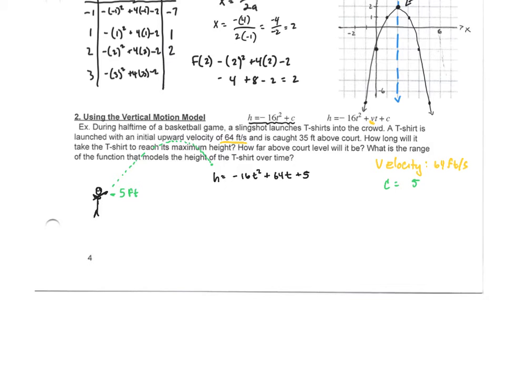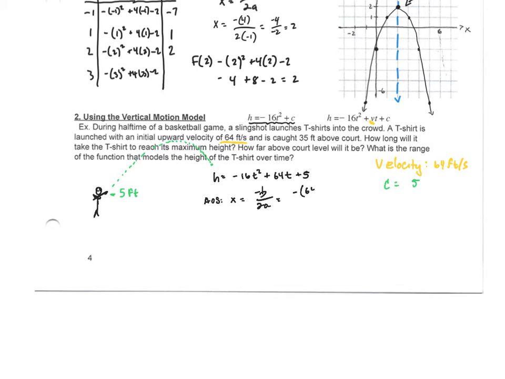I've created an equation, and let's see, how long will it take the t-shirt to reach its maximum height? Well, what is the maximum height? We can make that determination by finding the axis of symmetry. That is going to be x equals negative b over 2a, and b is going to be 64.